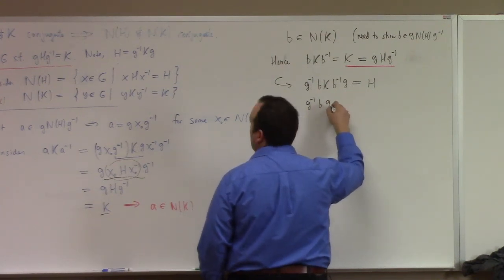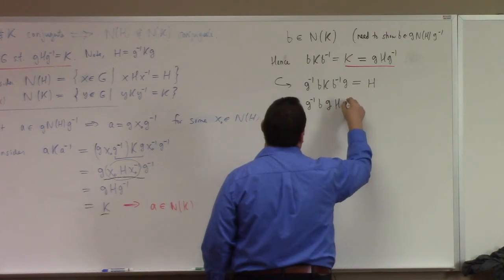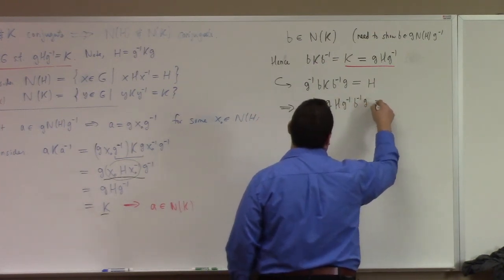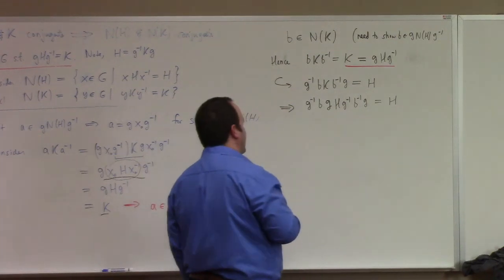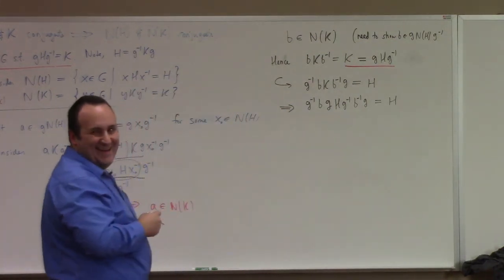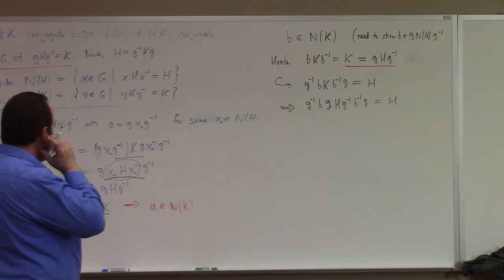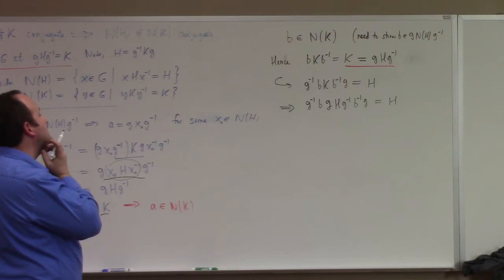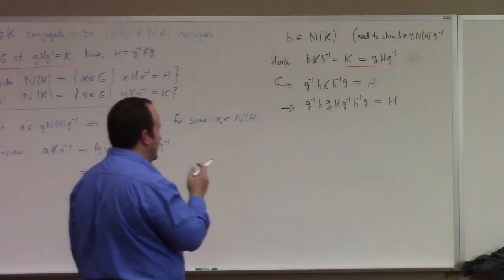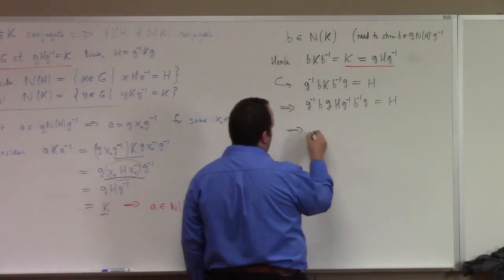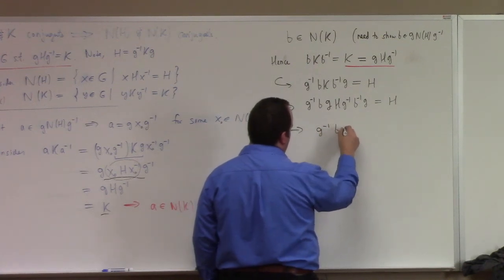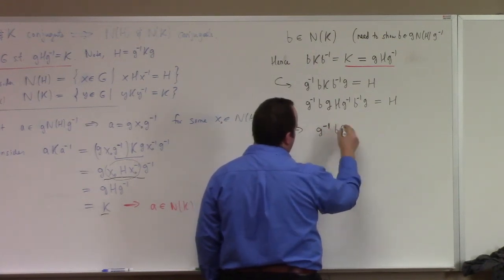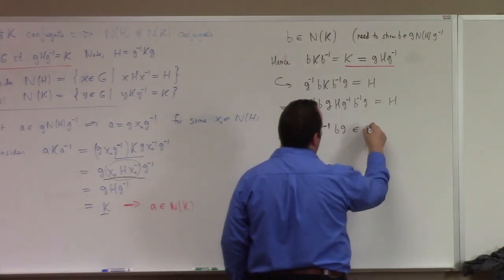I'm just going to try something. G H G inverse B inverse G. And then does that help? I don't know if it helps or not, because it's conjugating by something. Oh, that would say that G inverse B G is an element of the normalizer of H, I think.